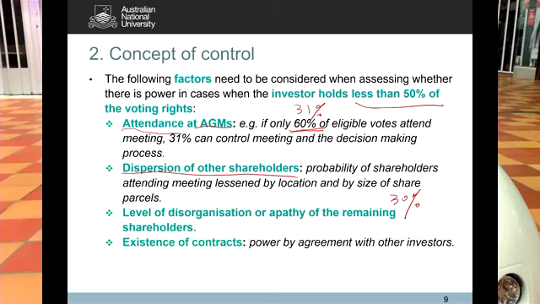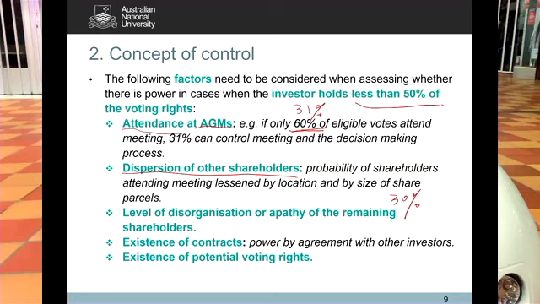Okay? And also, the existence of contracts that give you power by agreement with other investors. Sometimes the other investor may just delegate you to vote. Then you don't need to have 50% to have your say, right? So those factors all need to be considered.